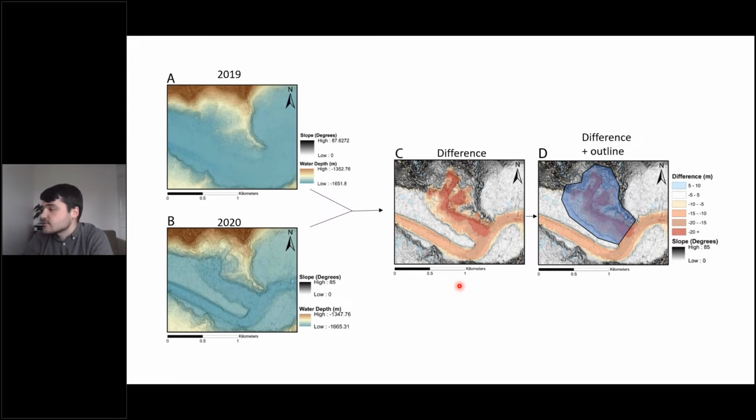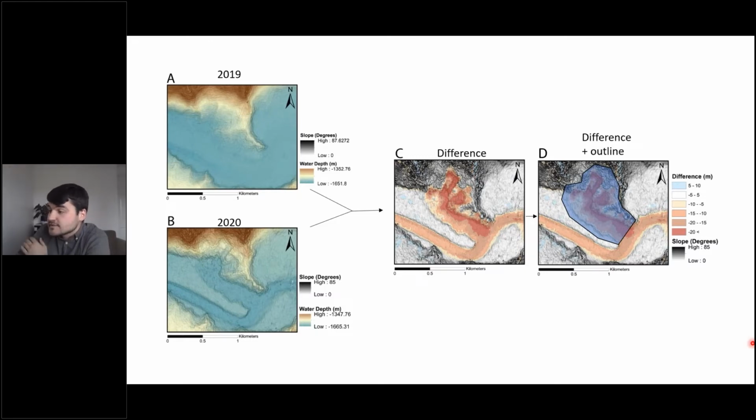I've used these difference maps to categorize the erosion and deposition, and then we have outlined the different erosion categories in ArcGIS, and been able to calculate the volume of additional or missing sediment within the area that's been outlined. This specific example shows a flank collapse with a volume of almost 8 million cubic meters of erosion.